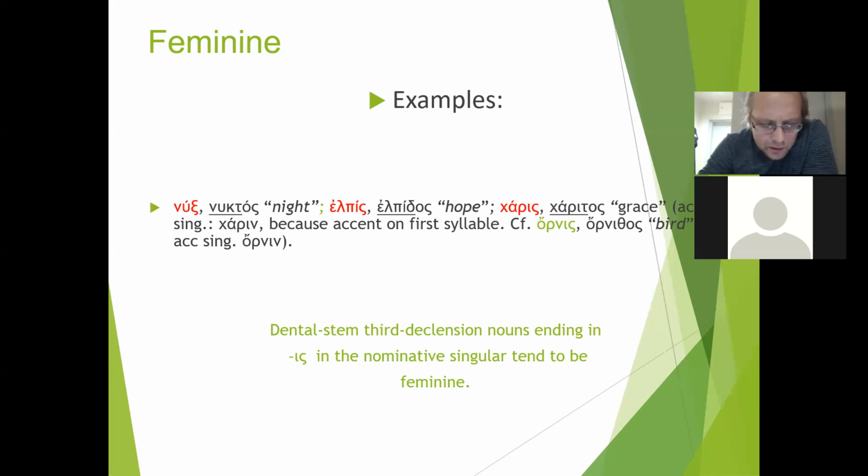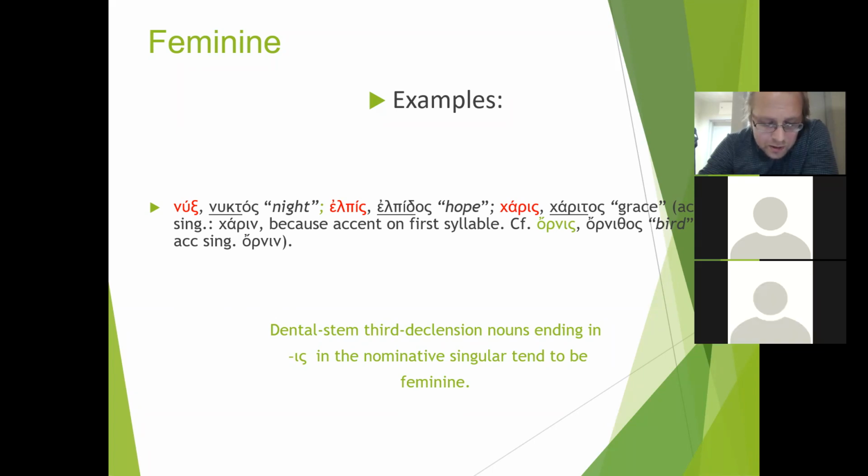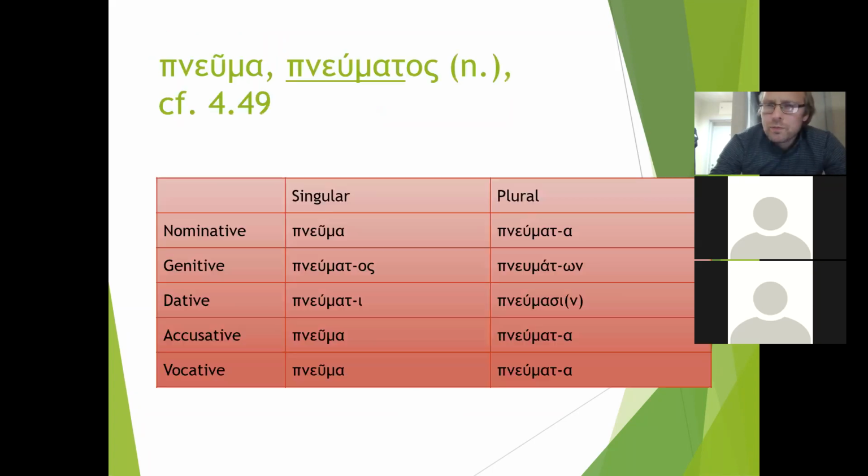So, for instance, the nominative, accusative, and vocative forms are always identical, which I have mentioned is a universal rule in the European languages. Okay, but let's look at the full paradigm again with the neuter noun.